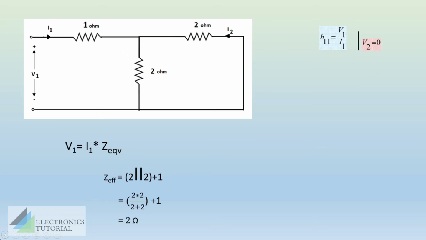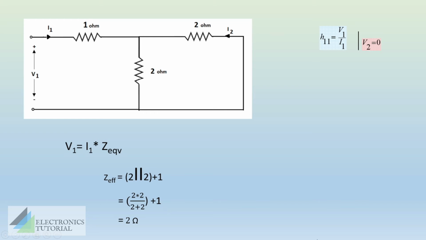We know how to solve a parallel combination. We'll take the expression 1 by R effective is equal to 1 by R1 plus 1 by R2. We can write it in another way, R1 R2 divided by R1 plus R2. Here it is written as 2 into 2 divided by 2 plus 2, and this is the series connection.